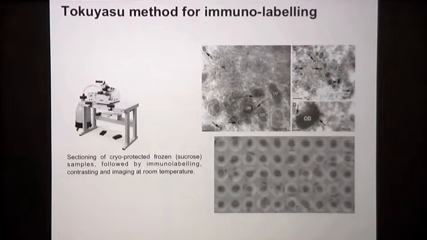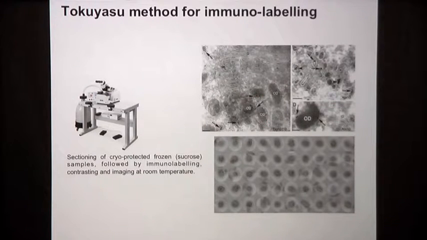As an aside, and for completeness, I would like to mention that because in electron microscopy we don't have a GFP equivalent, we don't have a technique by which we can localize different proteins, we can still do immunolabeling to localize our proteins in these plastic sections.